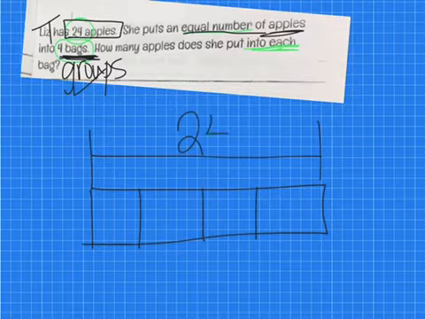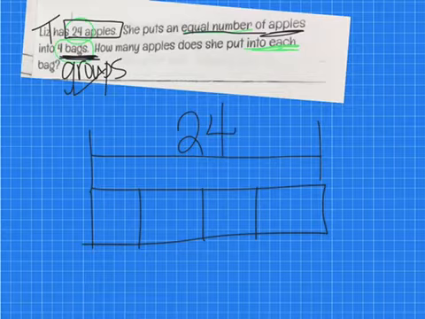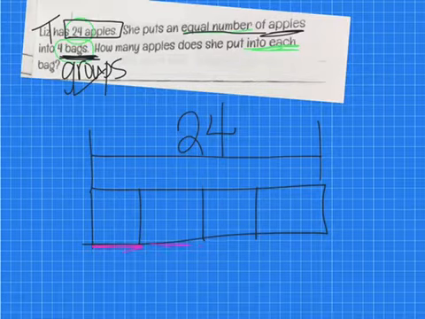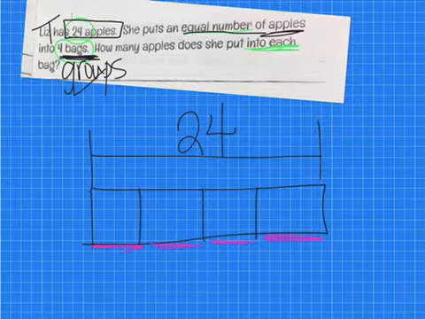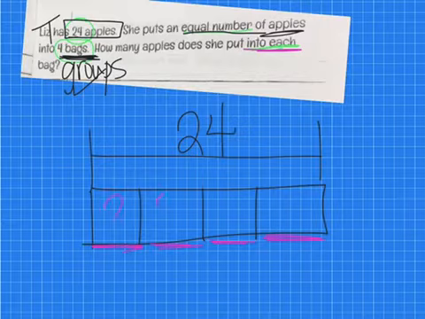So 24 will go up in our total line because that's how many apples she had to start. And it tells us she put an equal number of apples into 4 bags. So I have my 4 bags, my 4 groups, represented by the rectangle cut into 4 sections. Now, I'm trying to figure out how many she put into each. So that is my unknown.